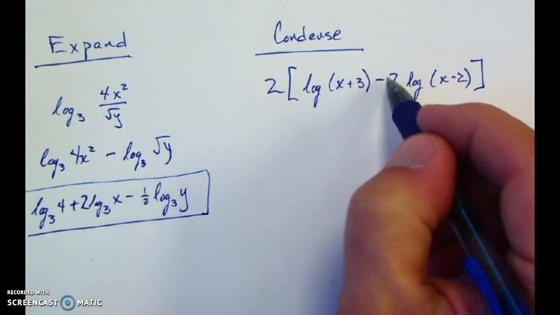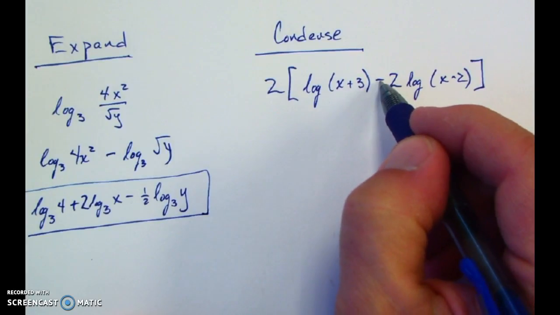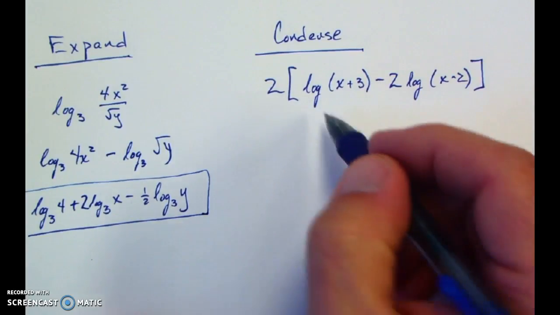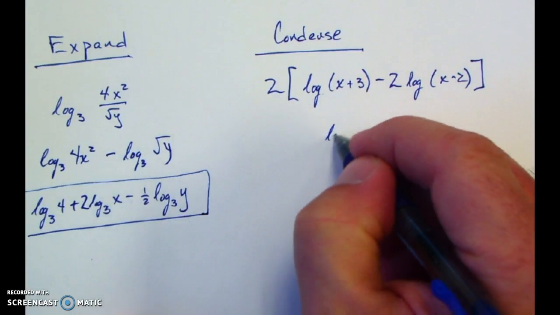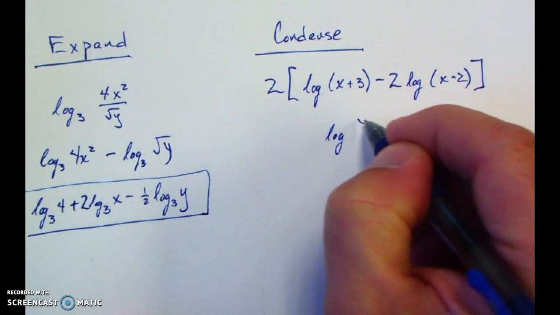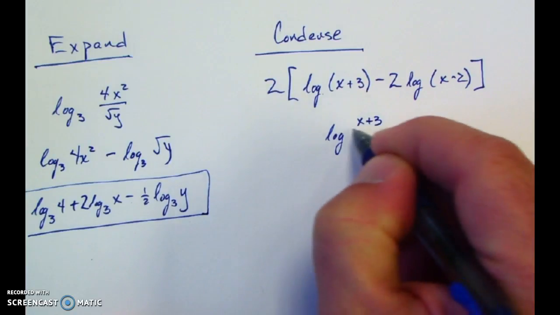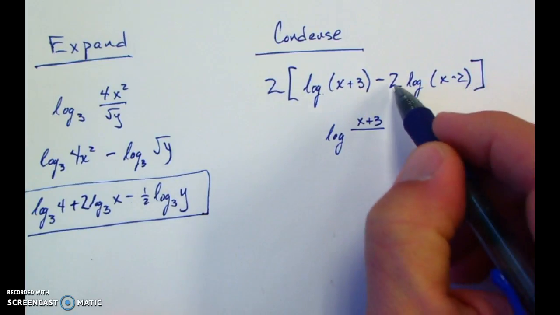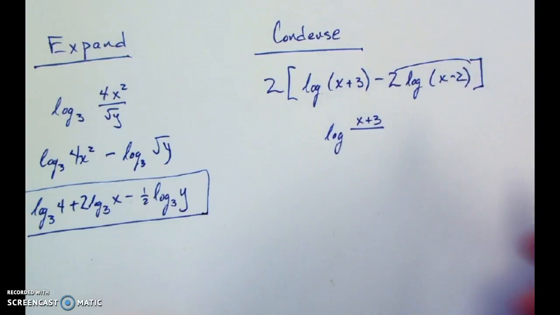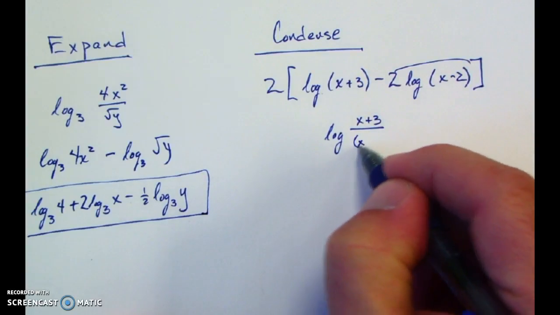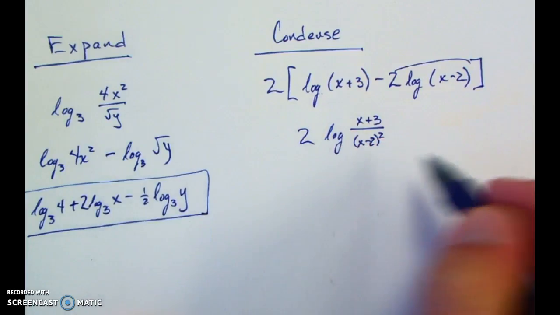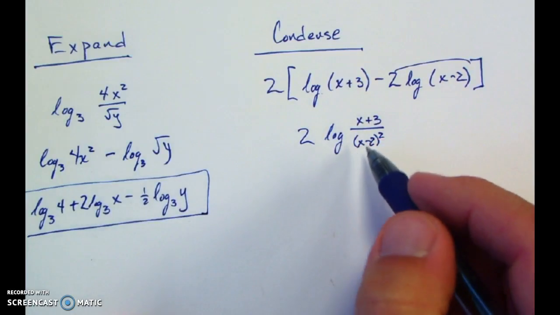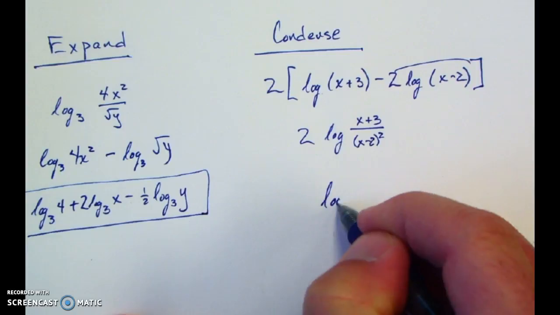To condense these, the first thing I notice is the subtraction here, so we could divide those two. We do have the same base. If nothing's written, we think of it as base 10, and that's x plus 3 divided by x minus 2. The 2 out in front means that quantity is squared. And then we still have the 2 there, so we could then square that entire thing.